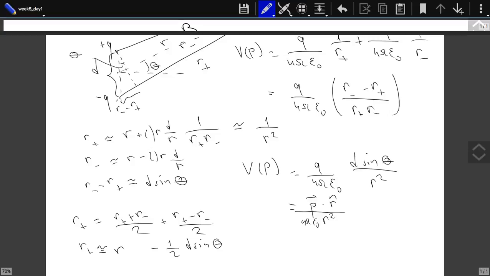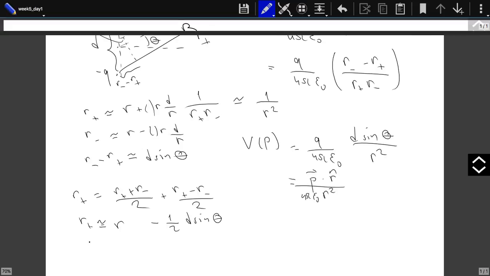And you see that the coefficient over here, which I didn't write, just turns out to be minus 1 over 2 sine theta, just a number close to 1. And for R minus, the only thing you need to change is the sign over here. That is R plus 1 over 2 d times sine theta.